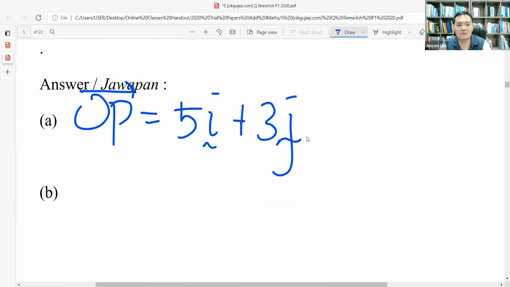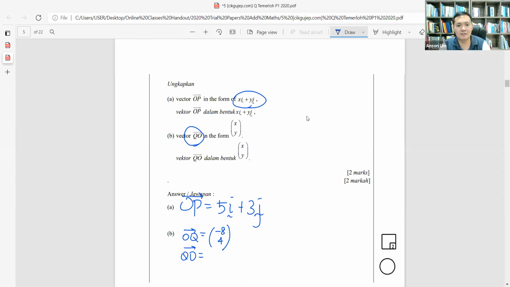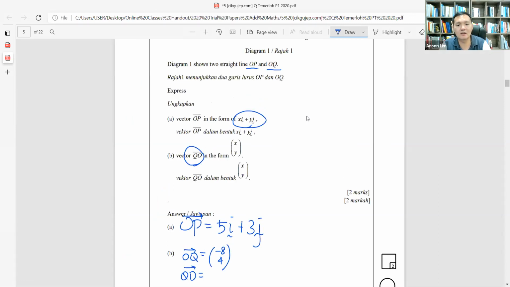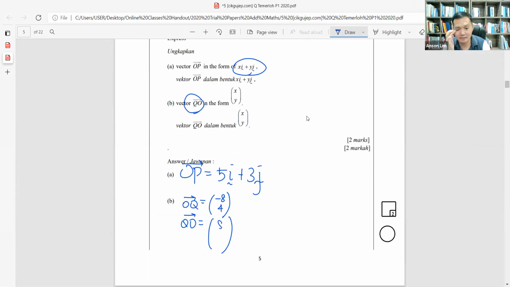So OQ is (-8, 4). But I want QO. So everyone, you see again, in this form, QO. So OQ is this. So QO, change the sign only. That's it. Then positive becomes negative.